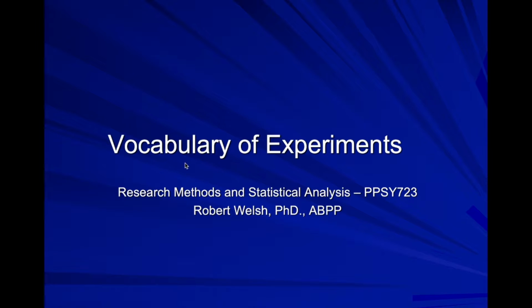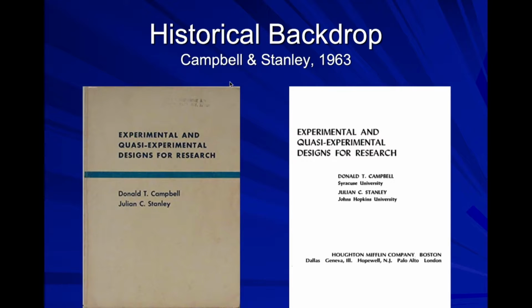I pulled it from the book by, well, not Campbell and Stanley, but the updated version of that. So let me talk a little bit about this important work by Campbell and Stanley. It's titled Experimental and Quasi-Experimental Designs for Research, and it's a 1963 book.